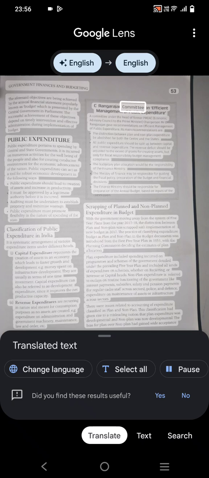See Rangarajan Committee on Efficient Management of Public Expenditure. A committee under the chairmanship of the former chairman of the Economic Advisory Council to the Prime Minister, Mr. Rangarajan, gave recommendations on efficient management of public expenditure. Its main recommendations are: the distinction between plan and non-plan expenditure be abolished for both the center and the states. All public expenditure should be split up between capital and revenue expenditure. The revenue deficit should be restricted to the extent of grants for creating assets.